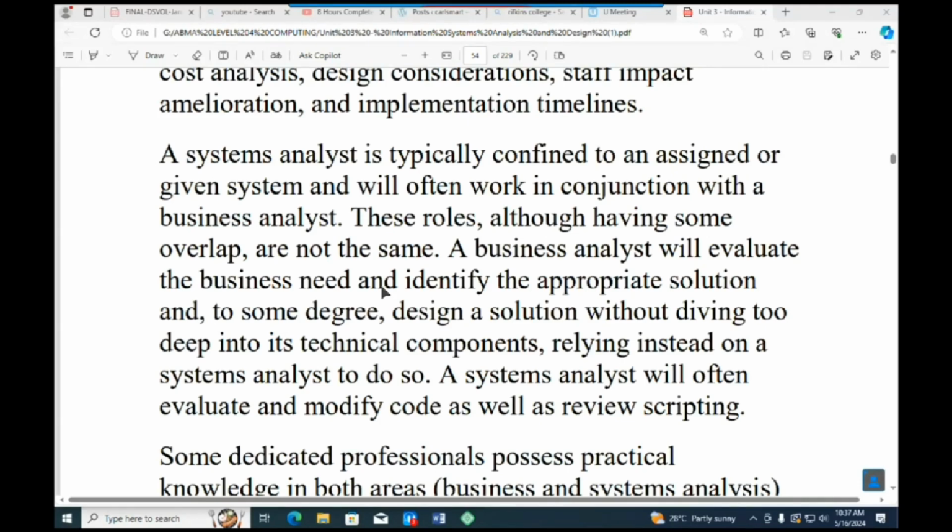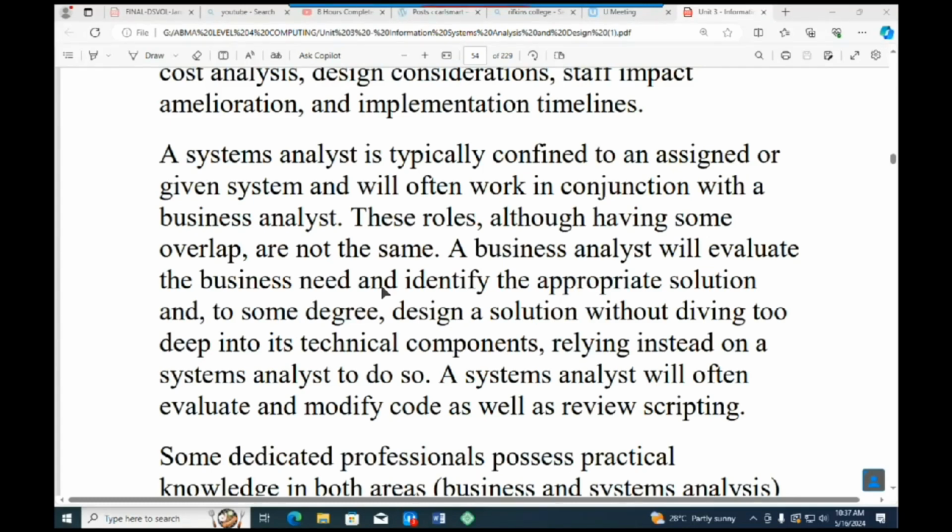Now, at times the two roles might overlap, the role of the system analyst and the role of the business analyst. But it needs to be understood that these roles are not the same.